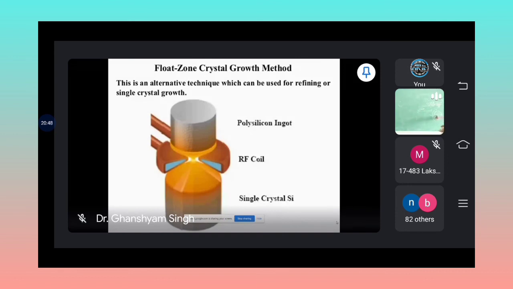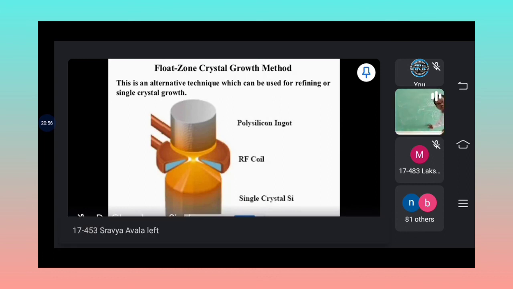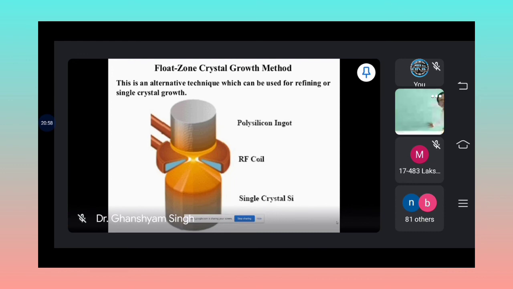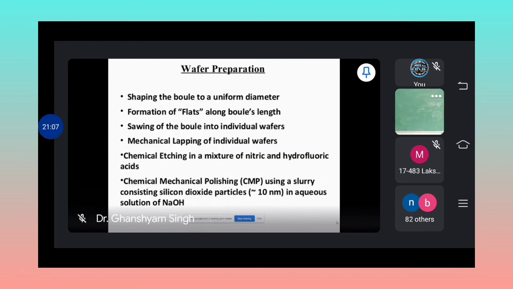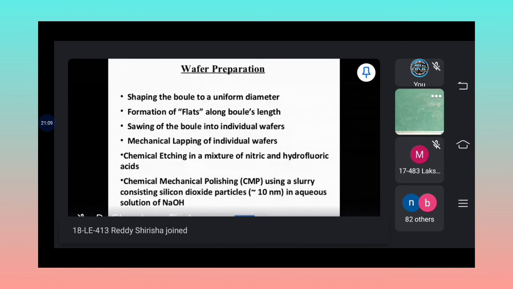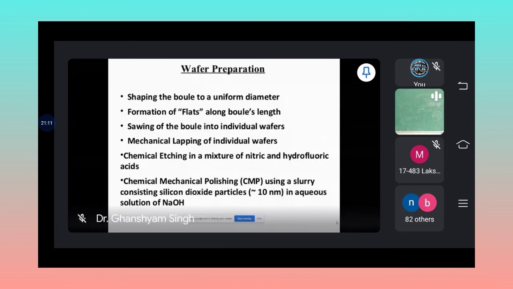This mask is aligned with the wafer so that the pattern can be transferred onto the wafer surface. Each mask after the first one must be aligned to the previous pattern. Basically, masks are aligned in such a way that the patterns are transferred easily. Photolithography, photomask and reticles you have seen in this image also.